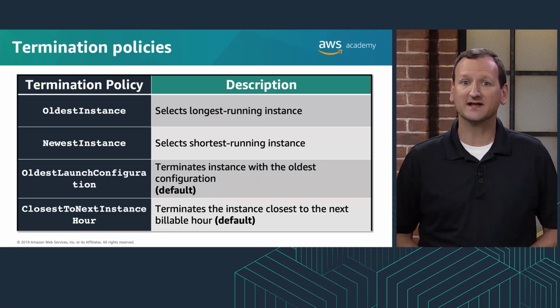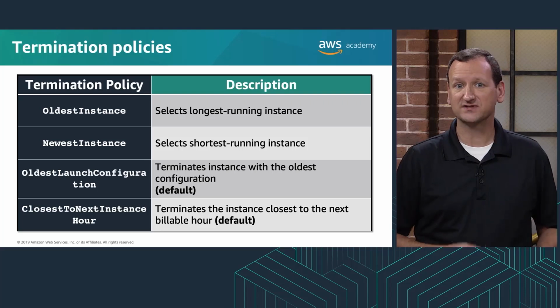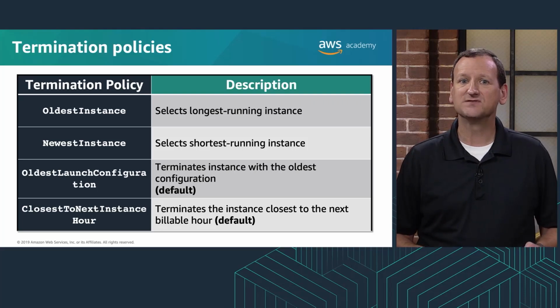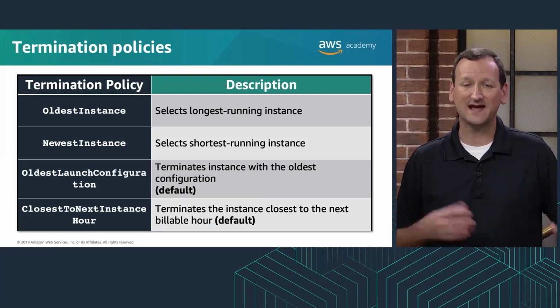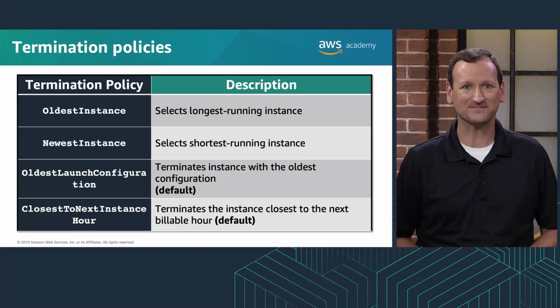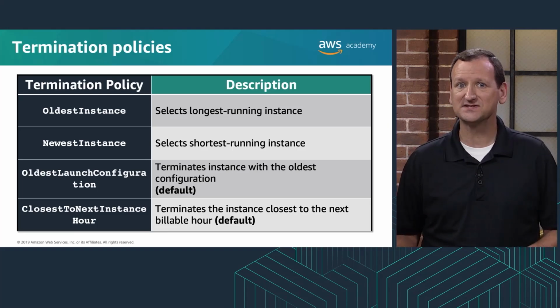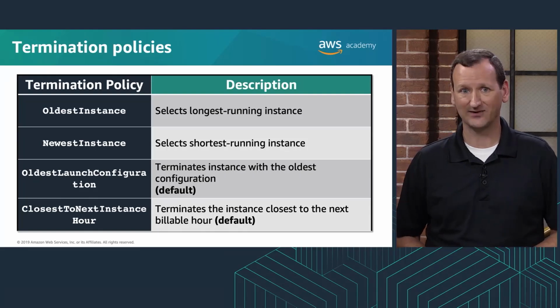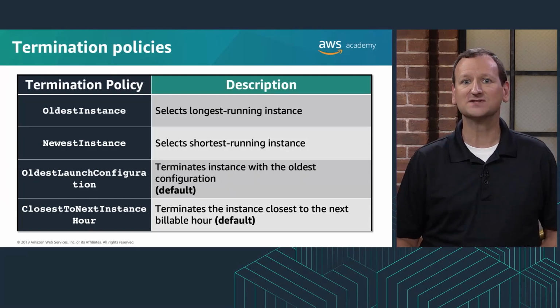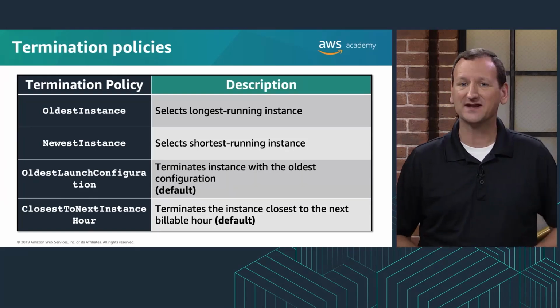You could also terminate instances with the oldest launch configuration. You might do this if you are updating a group and phasing out the instances from a previous configuration. Last, you can have a policy that terminates instances that are closest to the next billing hour. This is a good way to maximize the use of your instances and help manage your EC2 usage costs.